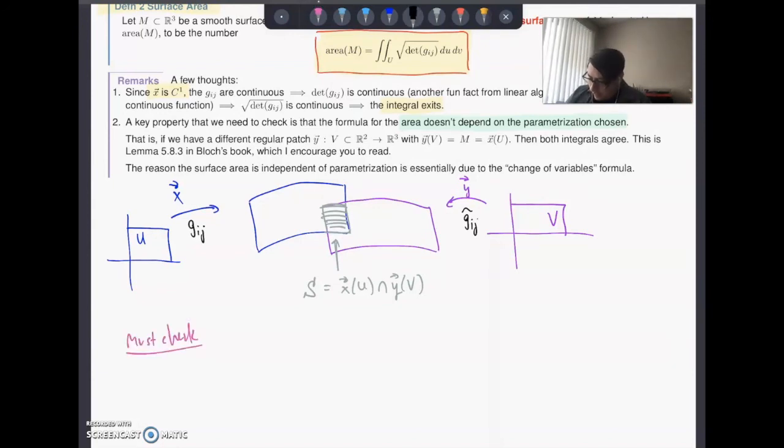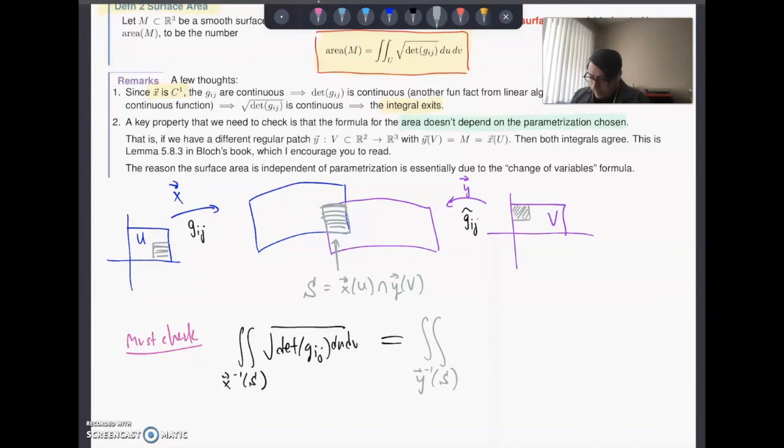We need to check that the double integral of x inverse of s, which is defined over, let's say, this little corner, if we integrate that using the square root of the determinant of the GIJs, du dv, is going to give us the same answer as the right side, which is the double integral of y inverse of s, integrating over this region over here, that upper corner, using the square root of the determinant of gij tilde, since I'm using y here, and let's call these du tilde, dv tilde, just to be different variables. So we have to check that this formula is true.